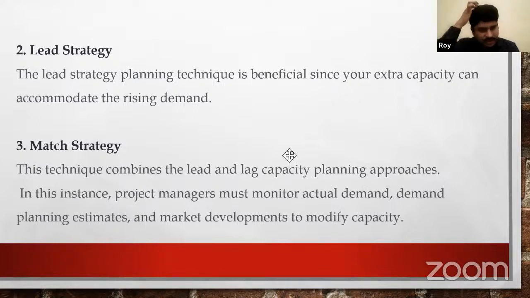Let's go to the third one. It is a match strategy. What is this? It combines both the lead and lag capacity approaches, and project managers must monitor actual demand, demand planning estimates, and market developments to modify these capacities.